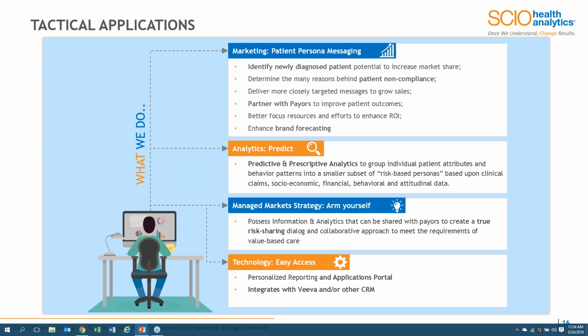One is, please help me better understand the current patient population from a persona perspective. Who are they? What do they look like? What are their triggers, clinical conditions, etc.? Give me that scorecard. But secondarily, right behind that is, can you find more patients like this for me that are not diagnosed, that are sitting in these similar patient persona segments? Short answer is yes. We do that.